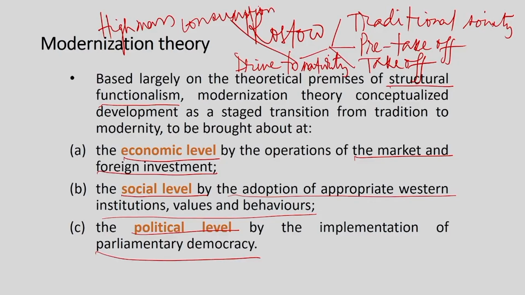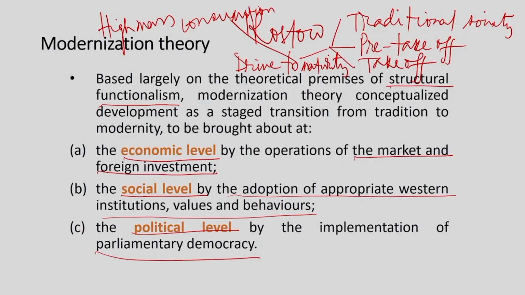As you may recall, in the first lecture itself, we discussed how the modernization theory is largely based on the theoretical premises of structural functionalism. Society is based on the complementarity and reciprocity of roles in the social division of labor, creation and maintenance of structures and institutions of a capitalist economy.